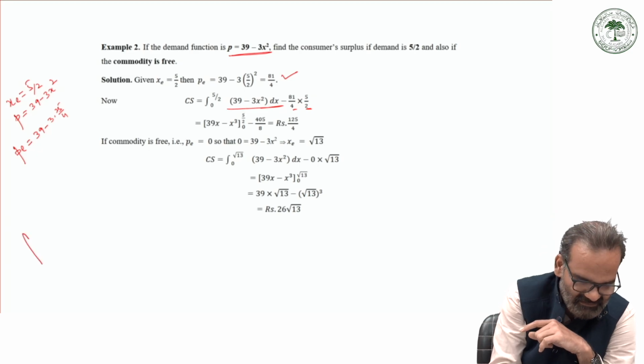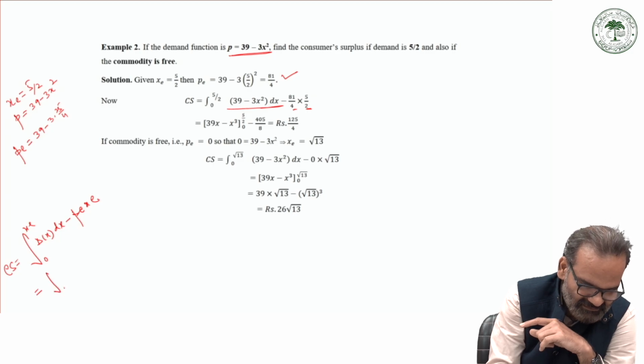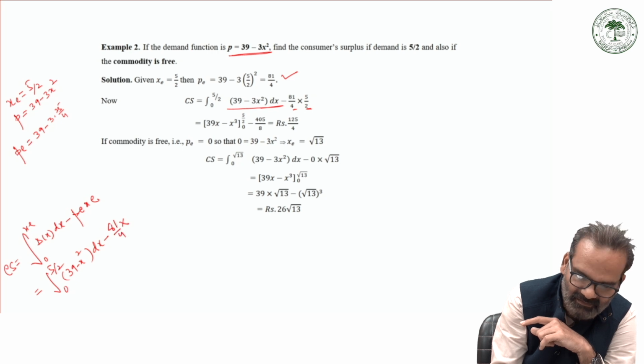The formula is CS is given by integral from 0 to XE of the demand function dx, minus PE into XE.